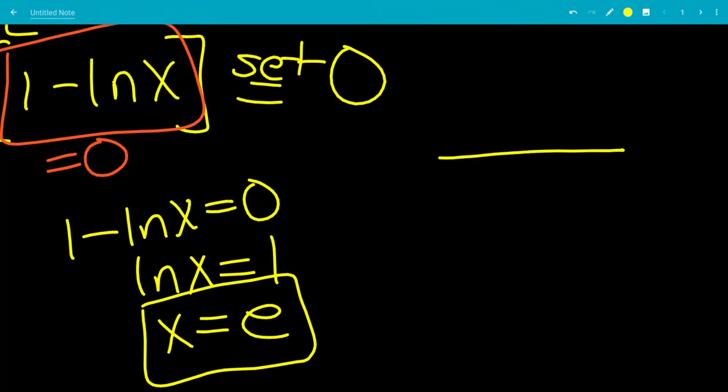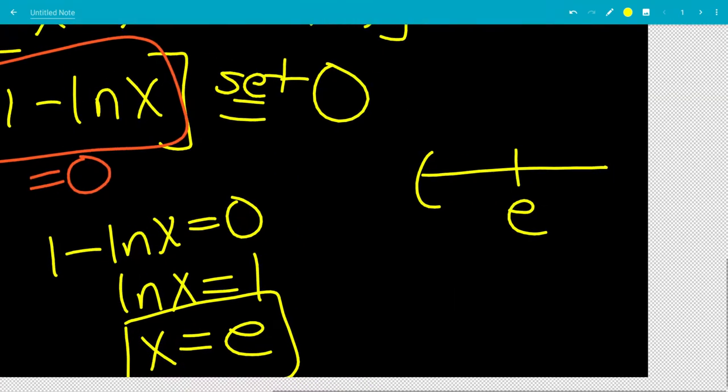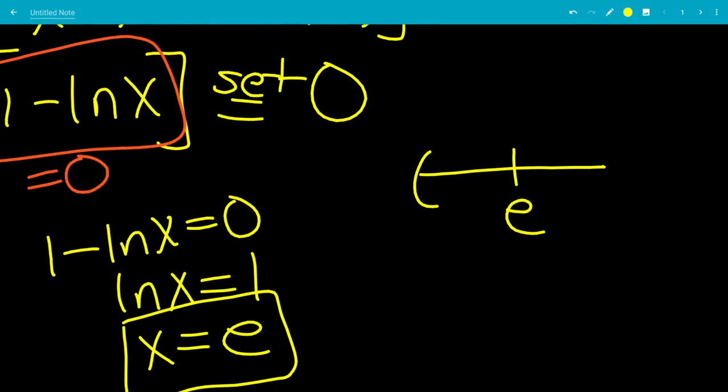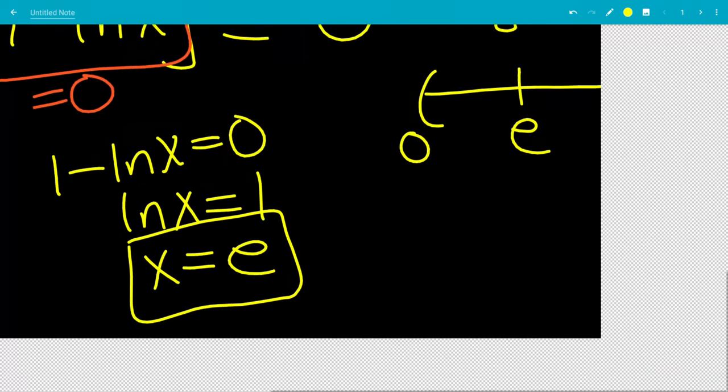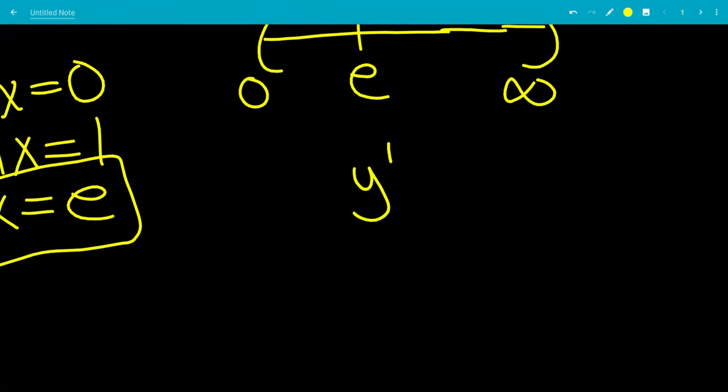Okay, good. So as we said, x is bigger than 0 in this case, so we're going to plug in from 0 to e, and then e to infinity, but you can't really represent infinity, into y prime. So this is the y prime graph. Since this is always bigger than 0, we're going to look at 1 minus ln x. So y prime is approximately equal to 1 minus ln x.